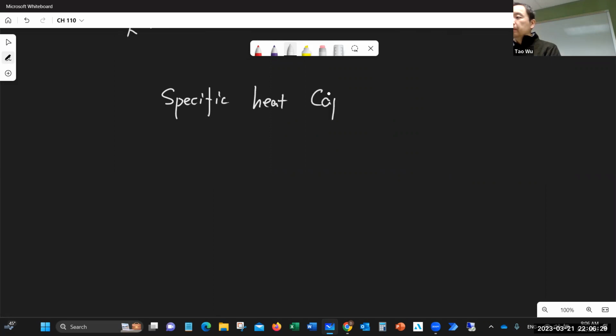And then the last concept we're going to talk about is called the specific heat capacity. People also call this specific heat, or in some science, they just write SP heat.